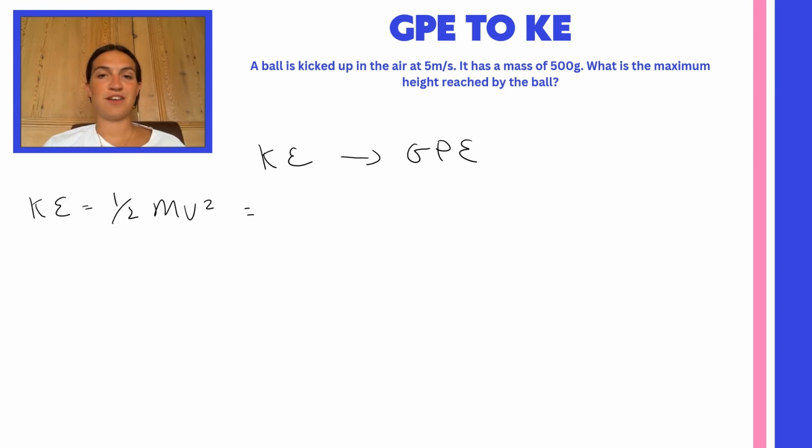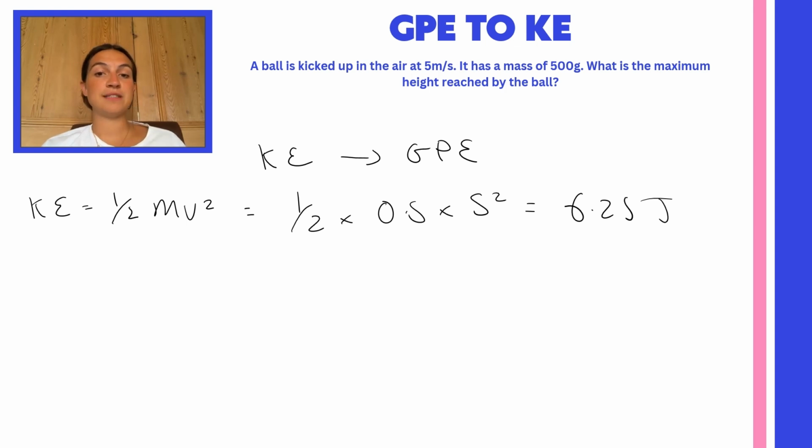So again, I need to calculate the amount of kinetic energy that this ball has lost first. So KE is half mv squared, half times mass, which is 0.5 because I need it in kilograms, not grams, times 5, its velocity, squared, gives me 6.25 joules. So that tells me that this ball is going to have gained 6.25 joules of gravitational potential energy.